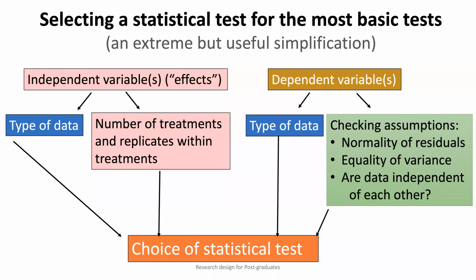It can be categorical data, frequencies, distribution, continuous data, discrete data. It doesn't matter. Each of them has a specific type of data attached to it. And if you plan your experiments very well, then you have a number of treatments and replicates as well. So the combination of knowing your variables, your types of data, and your number of treatments is a big step towards finding the statistical test that you need.